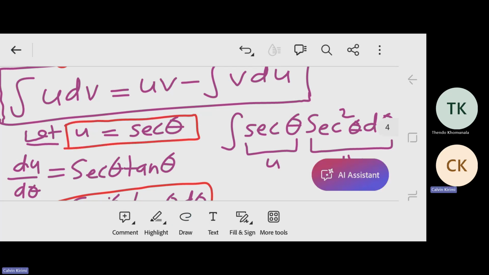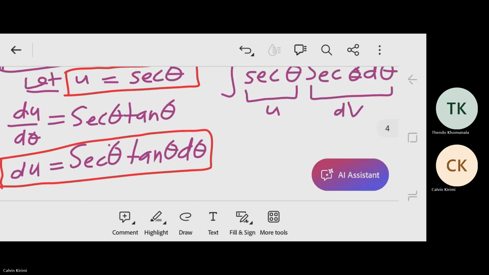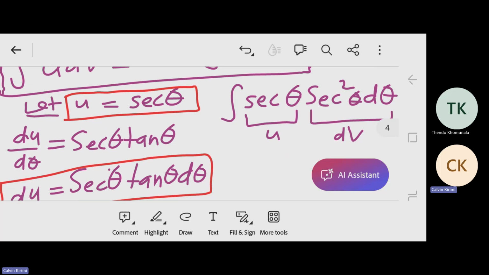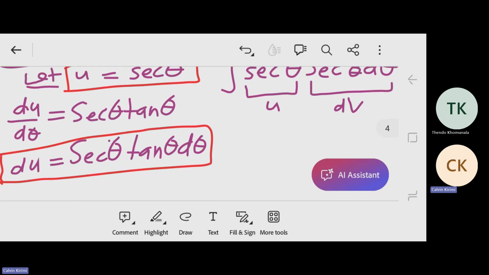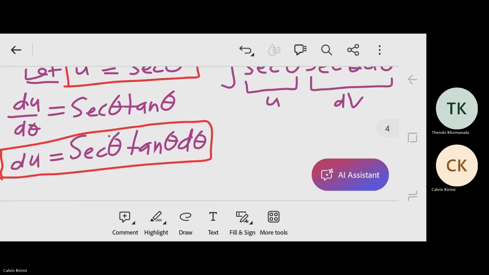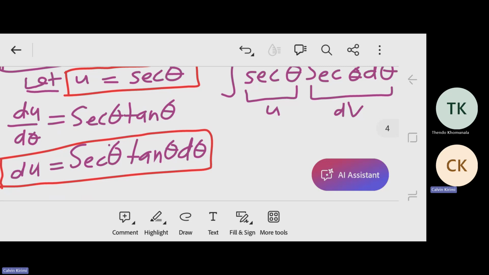Now we go to the next one. We are given dv is secant squared theta dt. So we play in reverse here.